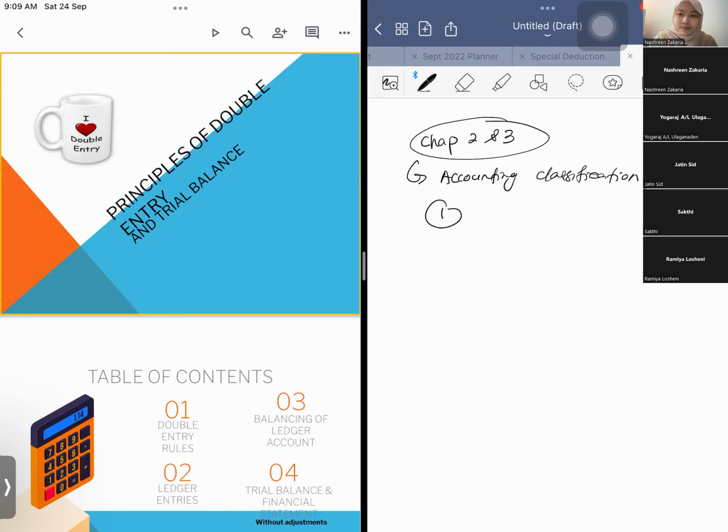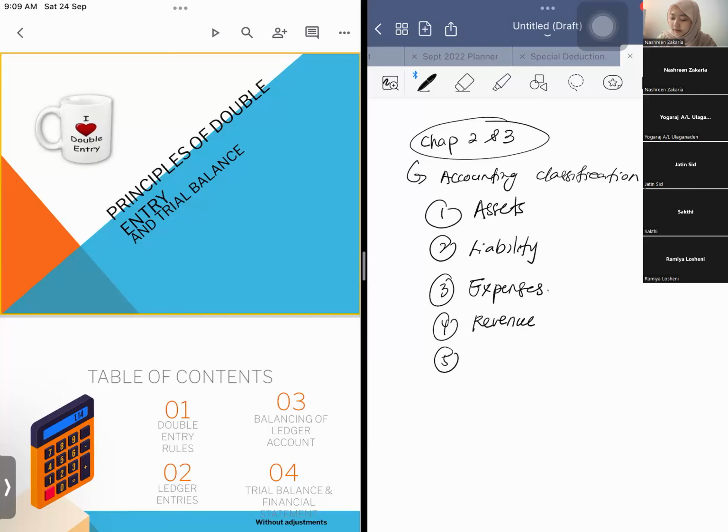Assets, liabilities. Yes, assets, liabilities. Okay, and then expenses. Yes, correct. Expenses. Income, yes, revenue. And the last one. And also model.